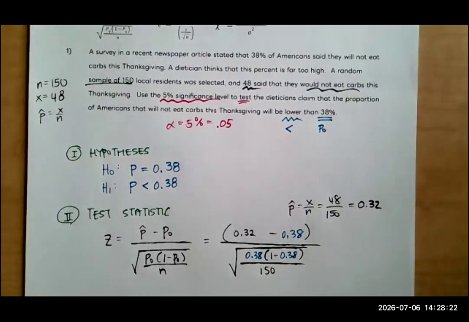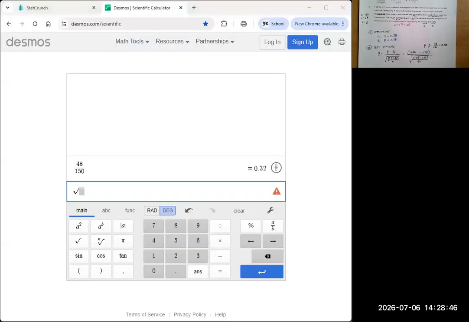In Desmos, we can share that screen and we can see that calculation. Let me share that real quick. All right, so now we should see my Desmos calculations. There's my p hat, my sample proportion, as you can see, but now I calculate z.